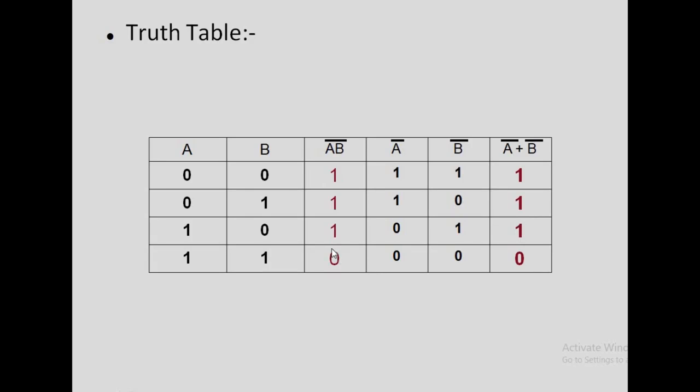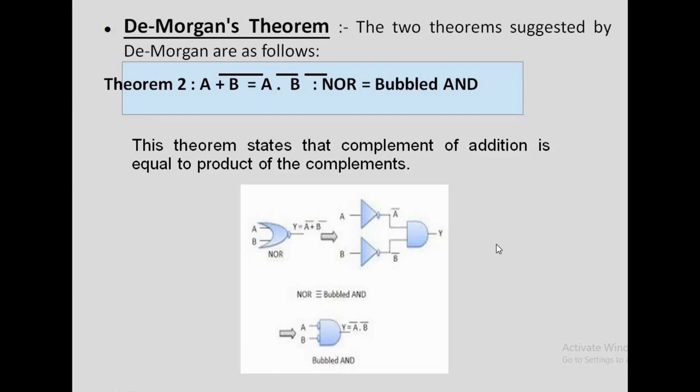This is LHS side. Now by complementing A and B inputs and then ORing them, A bar plus B bar, the output is 1 1 1 0. So this is RHS. So hence LHS is equal to RHS. It is proved.